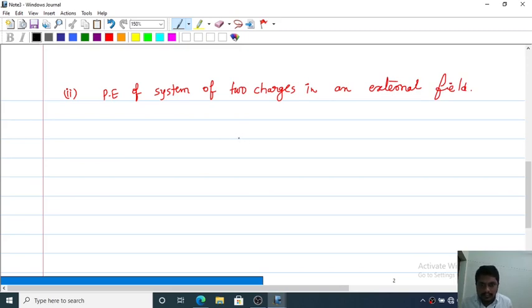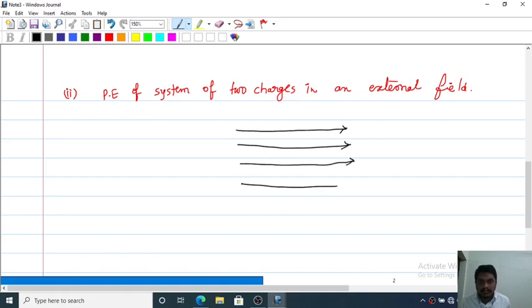Let us consider an external electric field, and this is the direction of the external electric field, which is a uniform electric field in the space. We have to place a system of two charges Q1 and Q2 here.